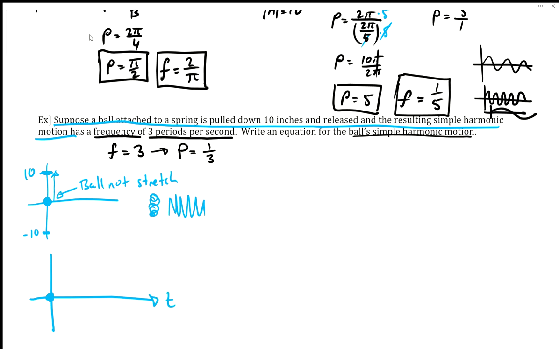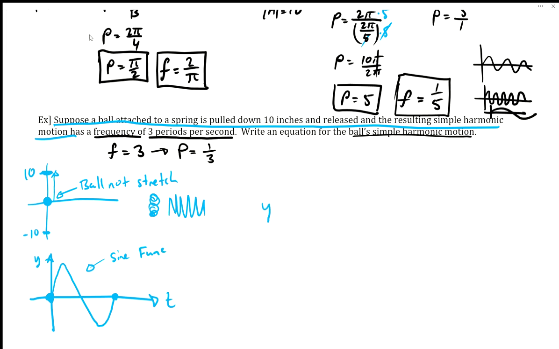So this is our t-axis, and this is our y-axis. It's at 0, 0 at the beginning, and then stretched out to 10, and then back down, and then it goes down to -10, and so forth. So I'm going to say that this is a sine function that makes that shape.